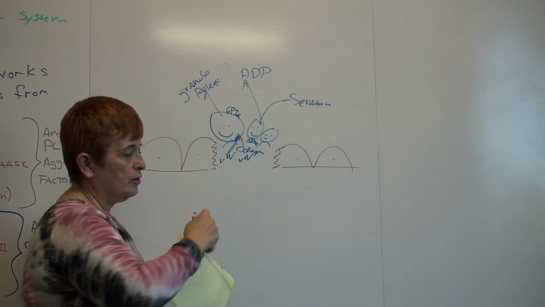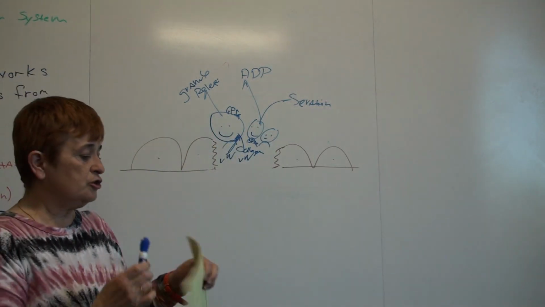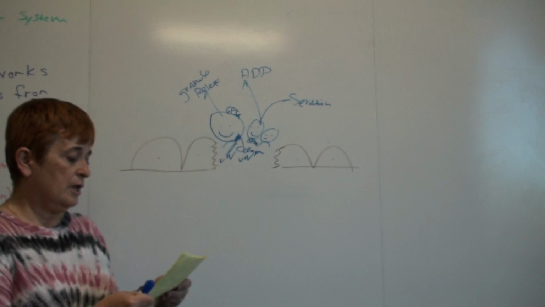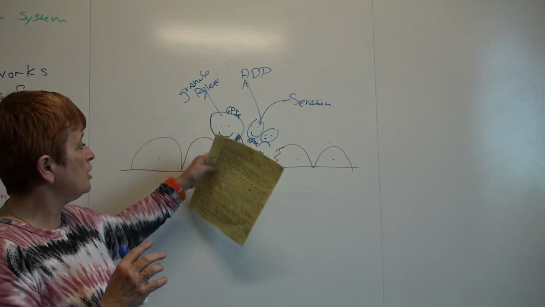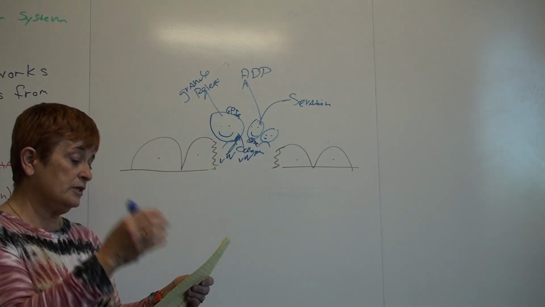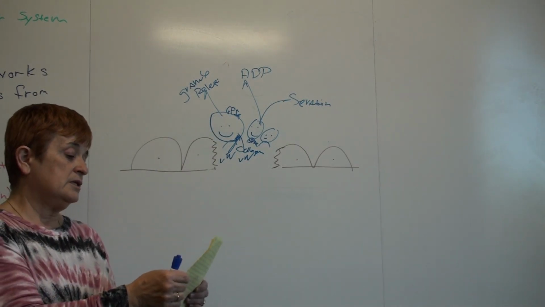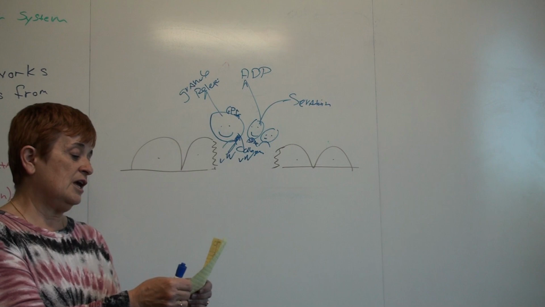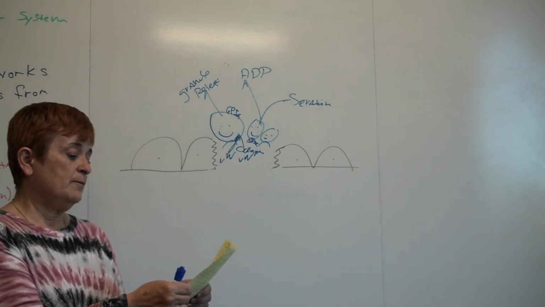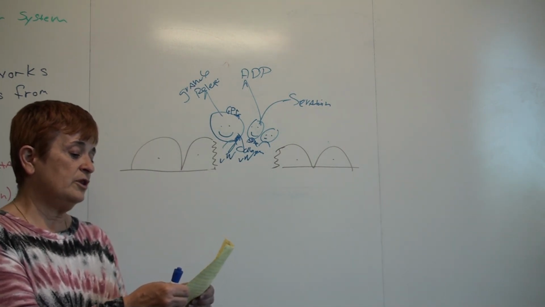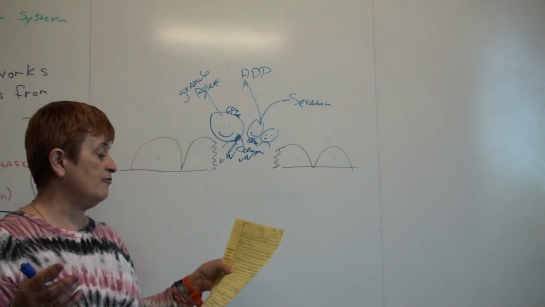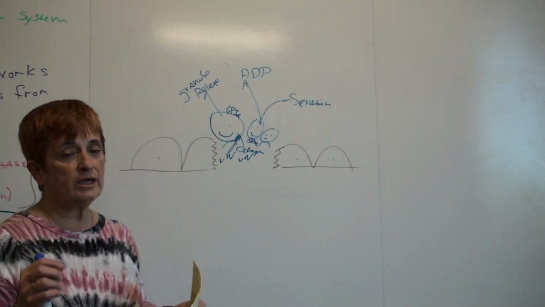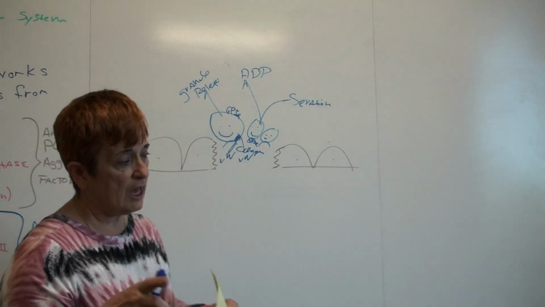They hook on, and now they can begin to adhere. They are getting so excited, releasing the contents of the granules, and they're activated. The platelets stick together. The platelet membrane phospholipases are activated, and they break down the phospholipid to arachidonic acid. We're going to get to that in a minute.